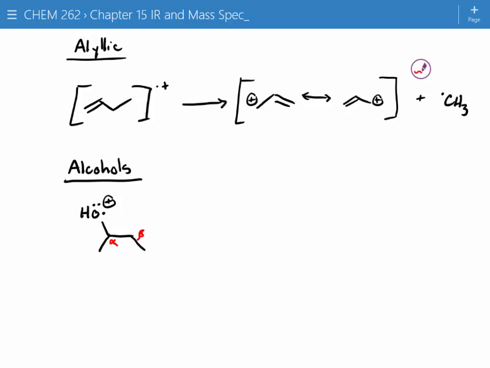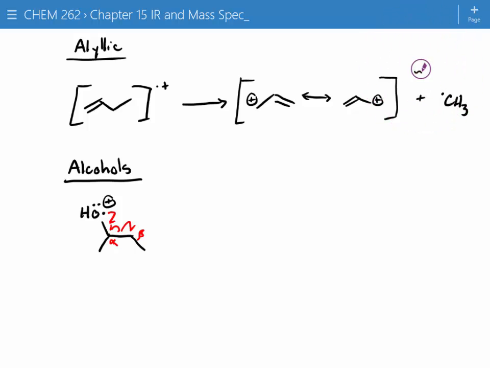What will happen is these will quickly rearrange. This radical will jump down. It'll take one electron from this other bond. Let me draw that more clearly. And then the other electron from that bond will jump over to the beta carbon.